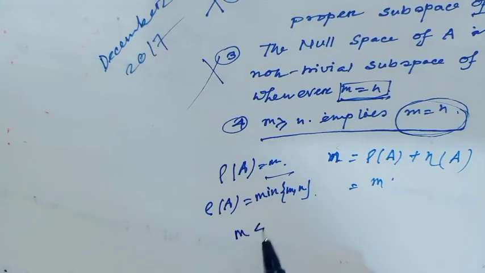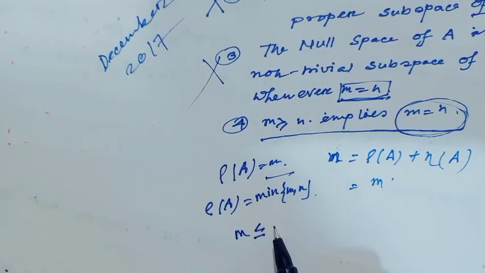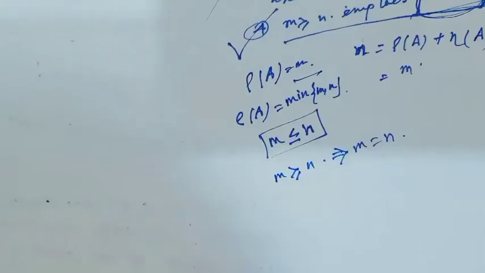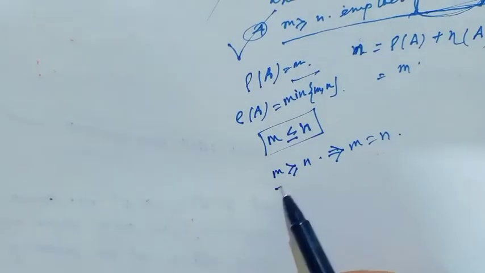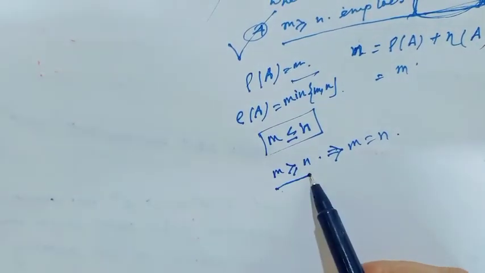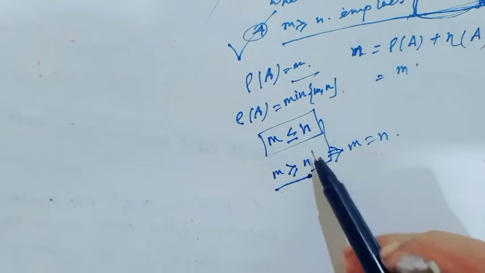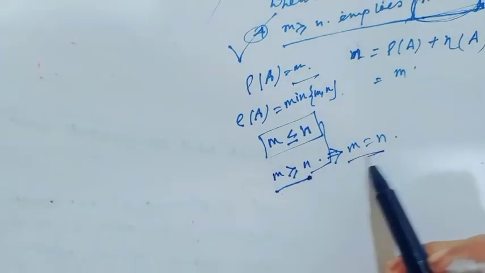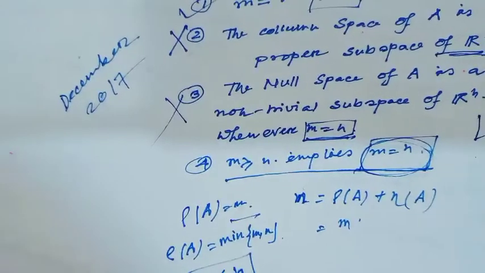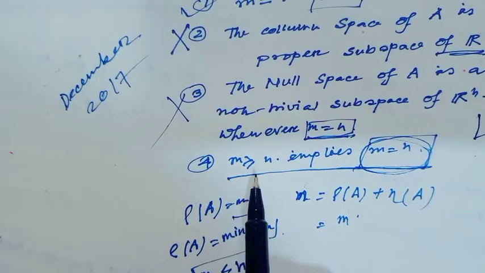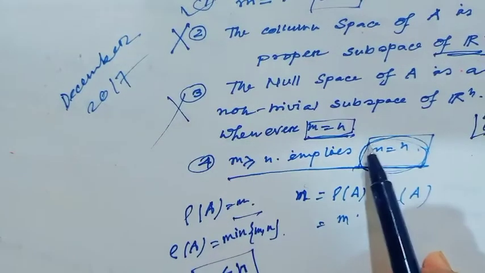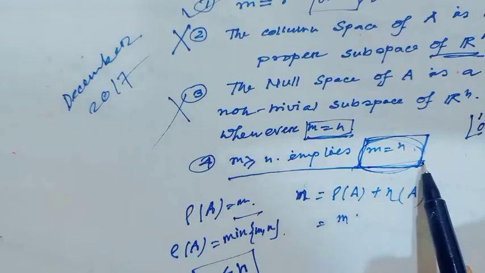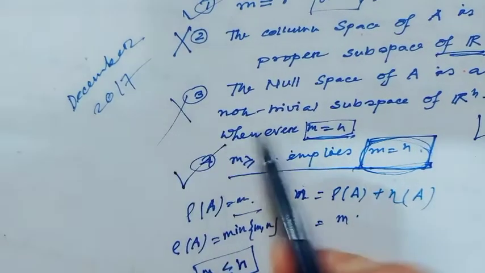That means obviously m is always less than or equal to n. And when given m greater than or equal to n, combining these relations implies m equal to n. So option 4 is a right option.